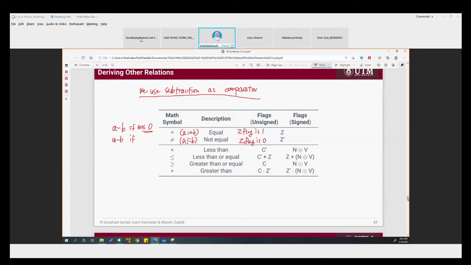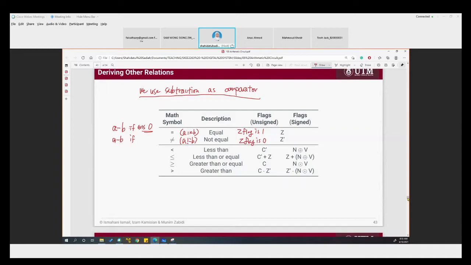So the computer checks whether Z is 0 or not. If the Z is 0, then we know that it is not equal. When the Z is 1, we know that A and B are equal.